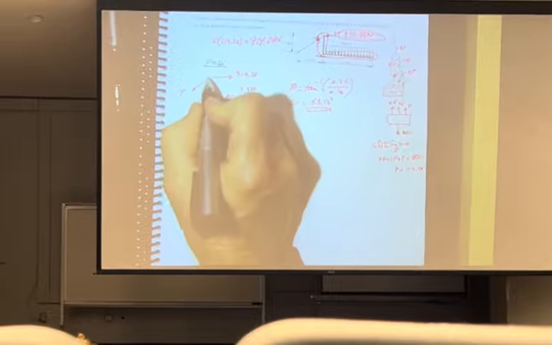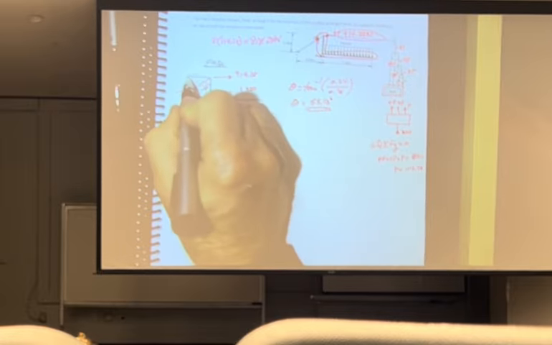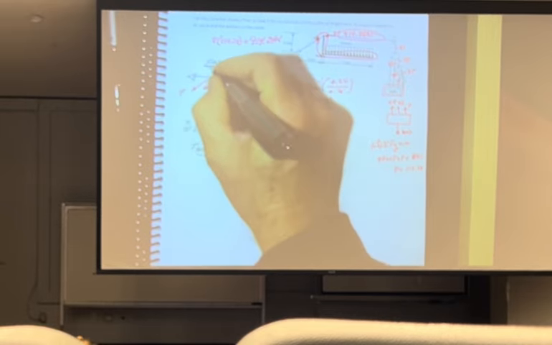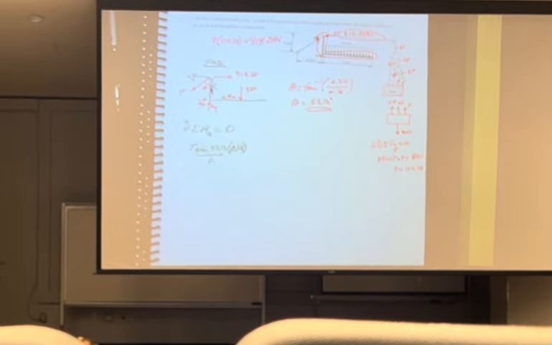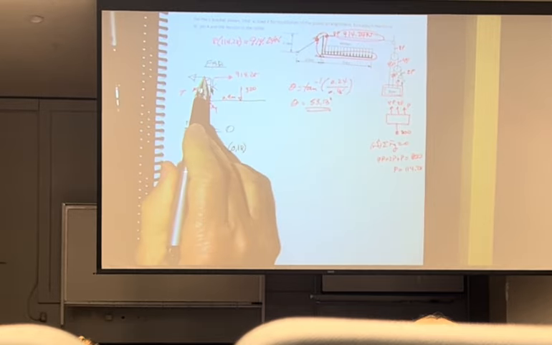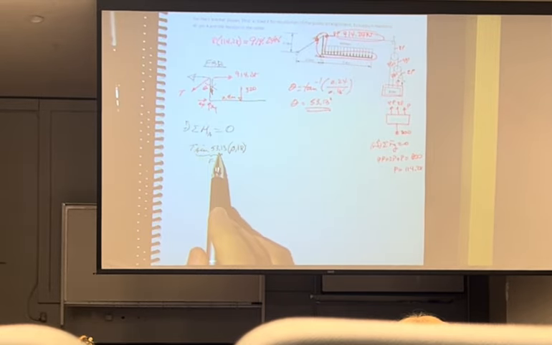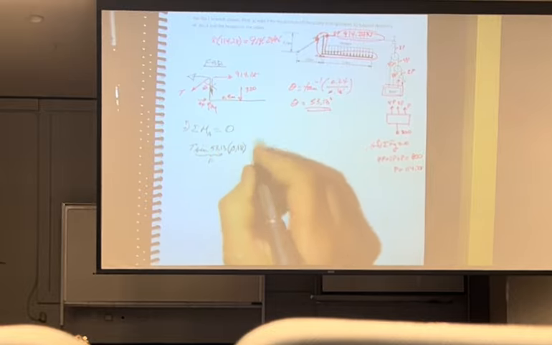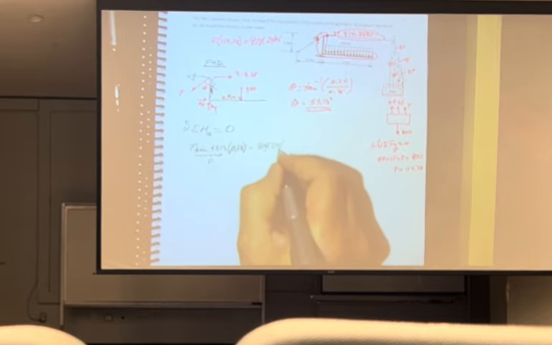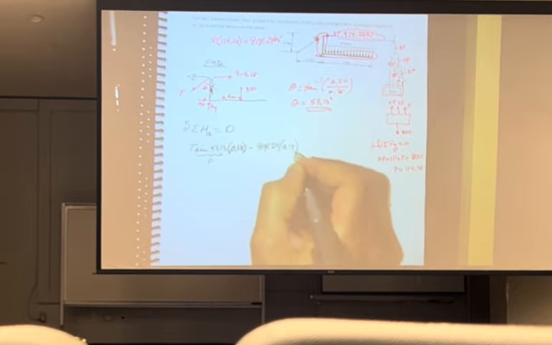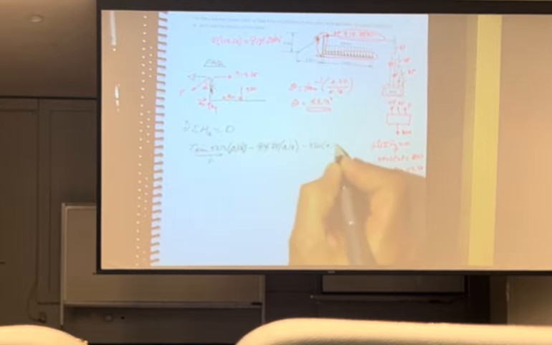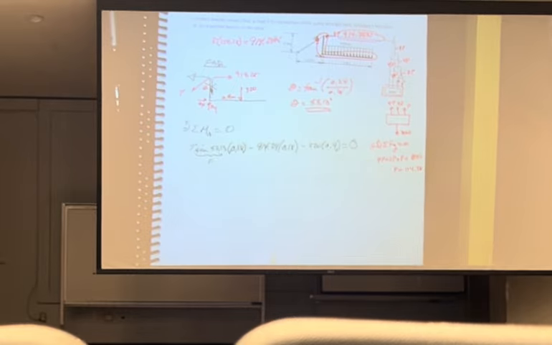So this guy right here has a component this way and a component that way. This component goes through the line of action of A. It creates no moment. But this one here, which is the sine 53, does create a moment. Minus 914.24 times 0.18 minus 320 times 0.4, all equals 0.